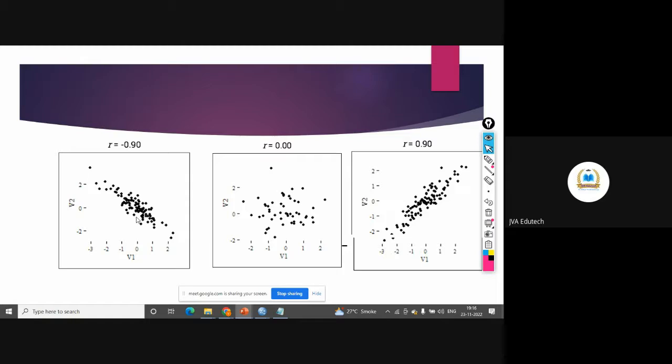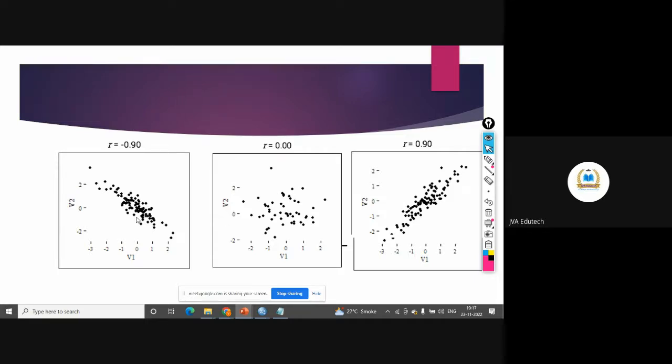Means when the variables move in the opposite direction, then they are known as negative correlations. When variables move in the same direction, then that's known as positive correlation. Here, the negative and the positive sign only shows the direction of the relationship. If it's a negative relationship, it means if x increases, y decreases, or vice versa.